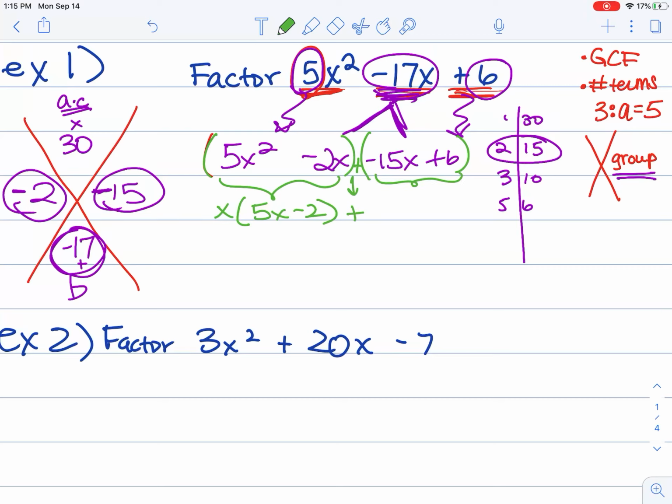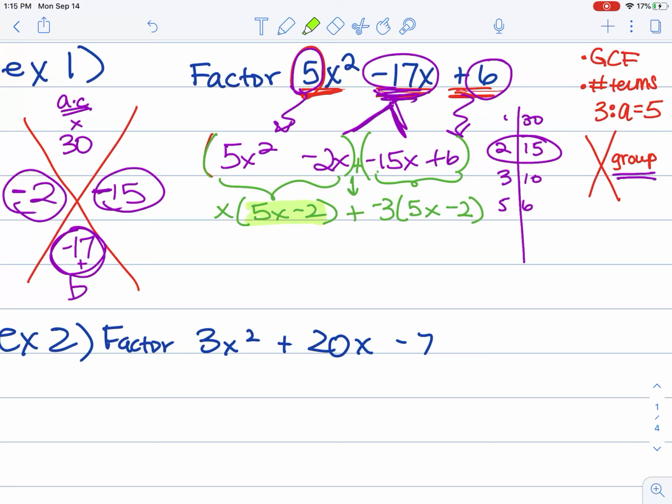Bring down the plus, and we can pull out, let's pull out a negative 3, because we want it to be the same inside the parentheses. So if I go negative 15x divided by negative 3, we get positive 5x. And if I get positive 6 divided by negative 3, we get a minus 2.